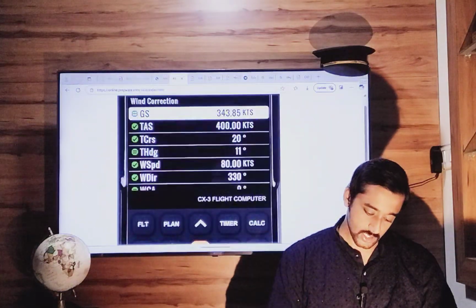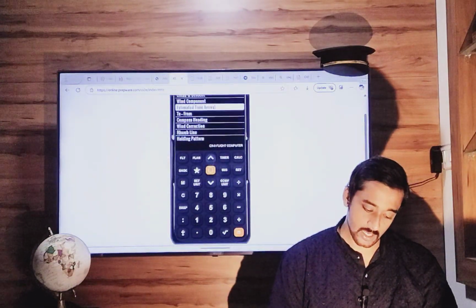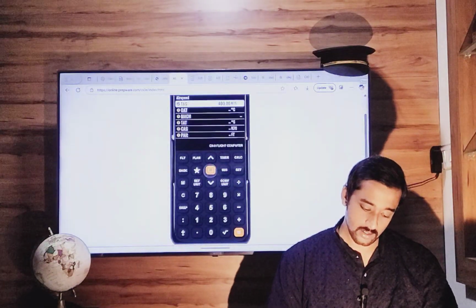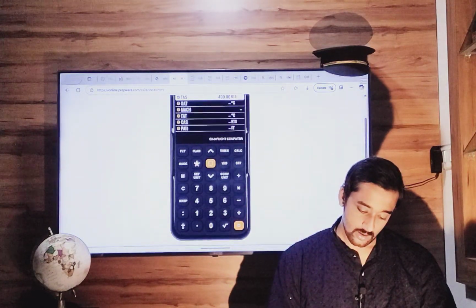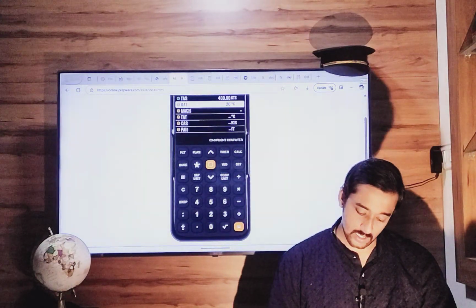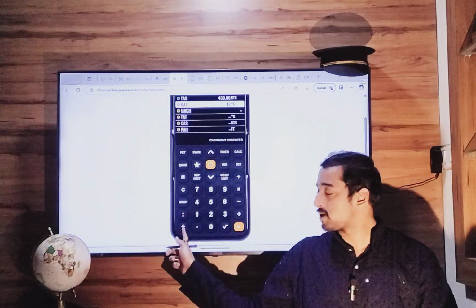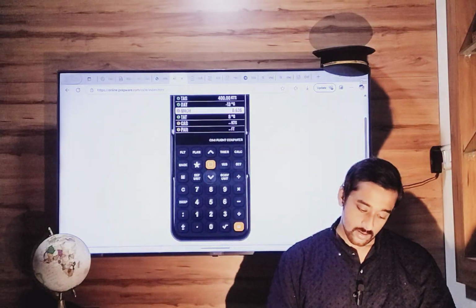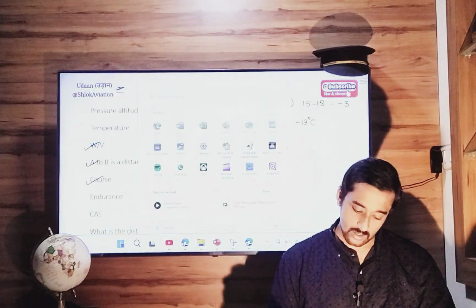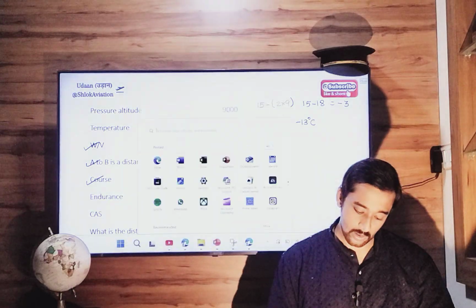So let's use this information in the airspeed option. Outside air temperature minus 13, so put 13 and then press the plus minus button. Calibrated airspeed 190 knots. Pressure altitude 9,000.